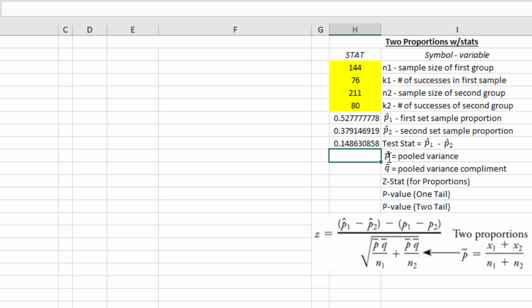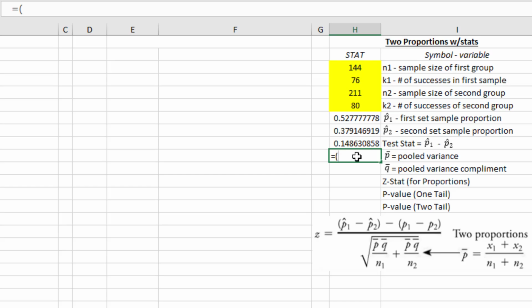Okay, then we have to figure out our pooled variance, right? Sometimes called the pooled P, P bar, all sorts of different things, but it's basically this formula down here. So we're just going to have to add up the successes and then divide by the sum of the two samples. So we have to remember about order of operations: tops and bottoms of fractions both have to be in parentheses.